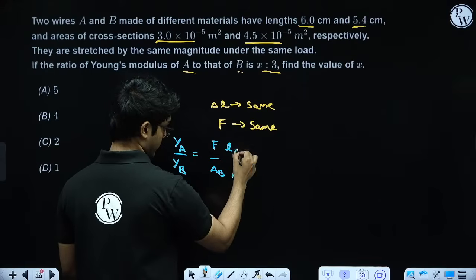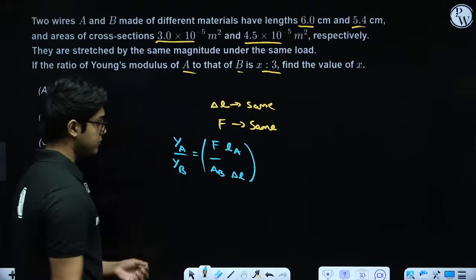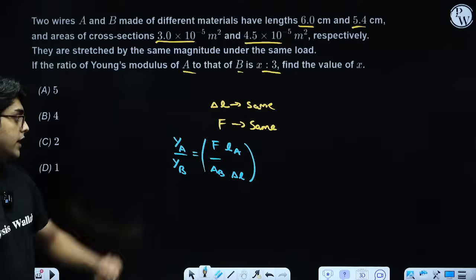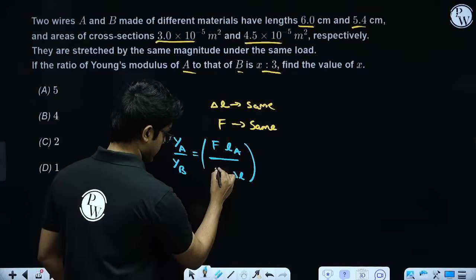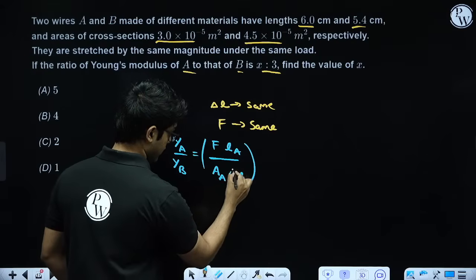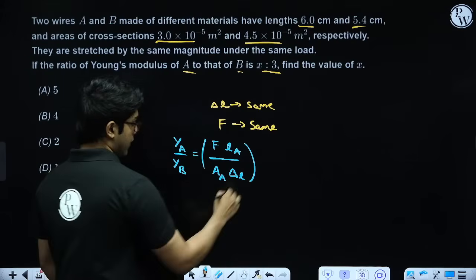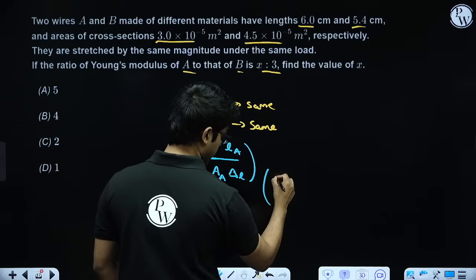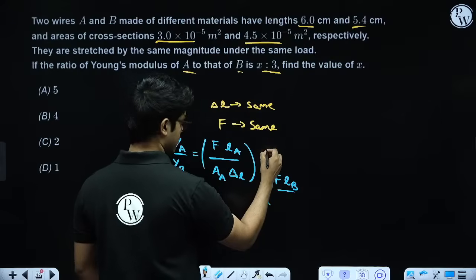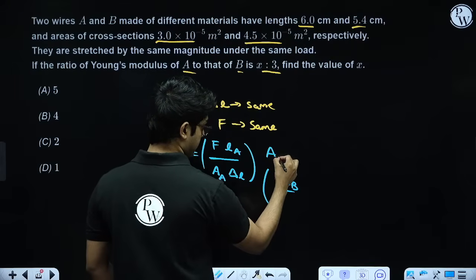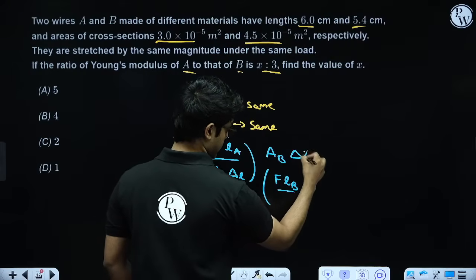So LA goes to the numerator. So this is YA, FLA divided by AA, area of cross section of A, into delta L. And for YB, it will be FLB divided by area of cross section of B times delta L.